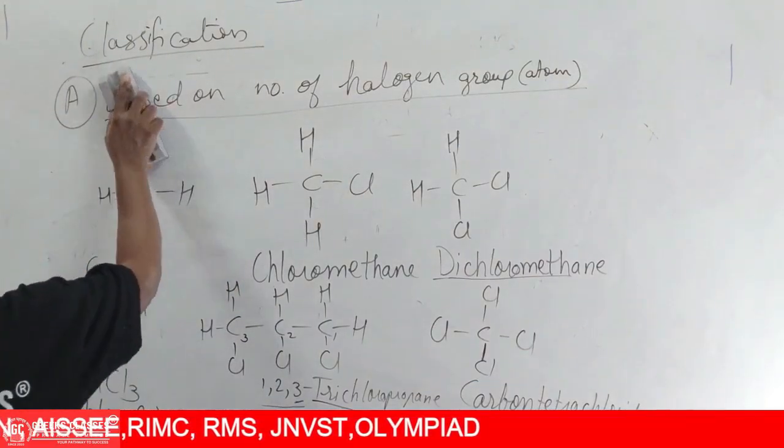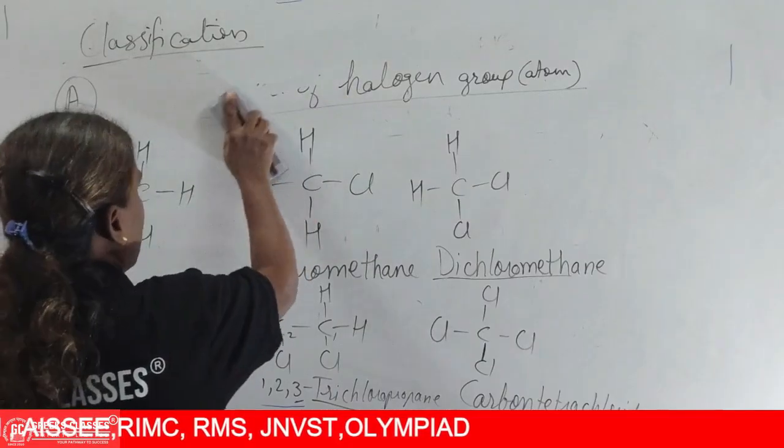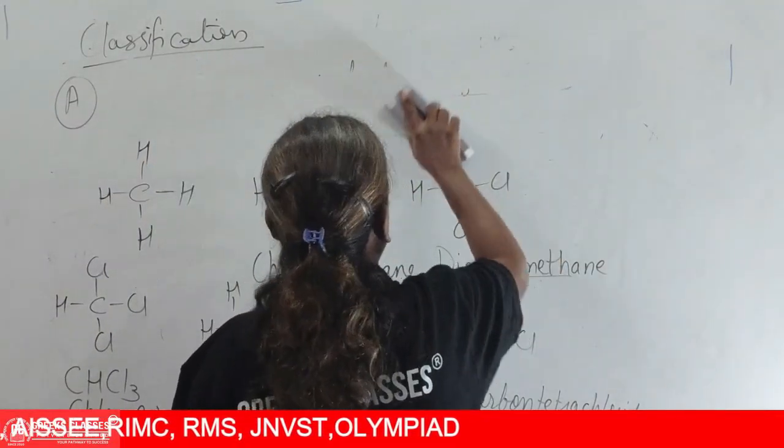Now the next class begins, that means classification based on the type of carbon atom to which the halogen is attached.